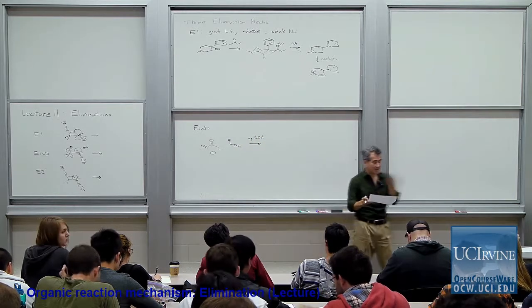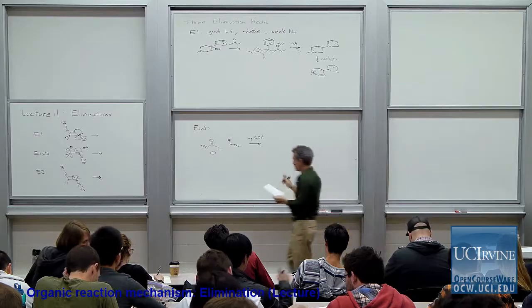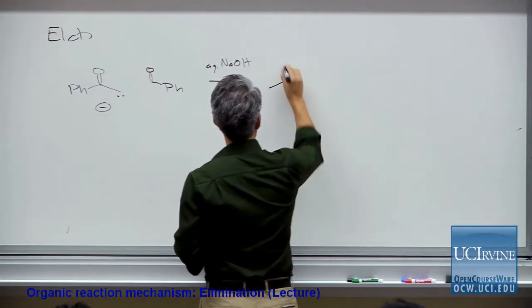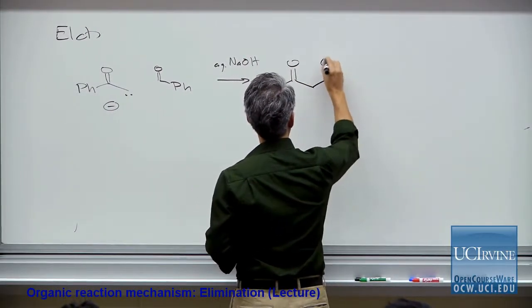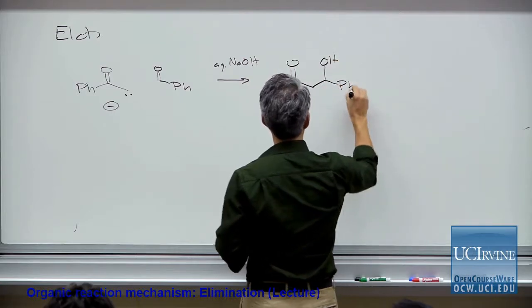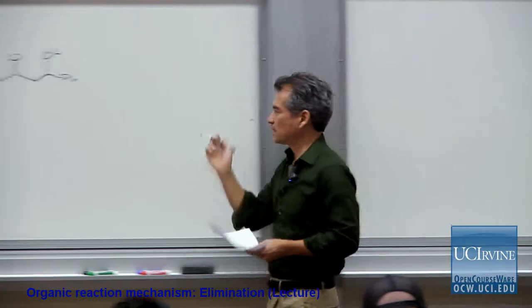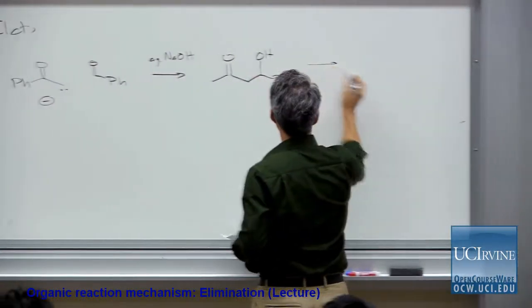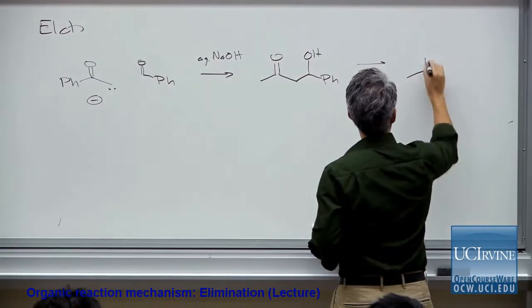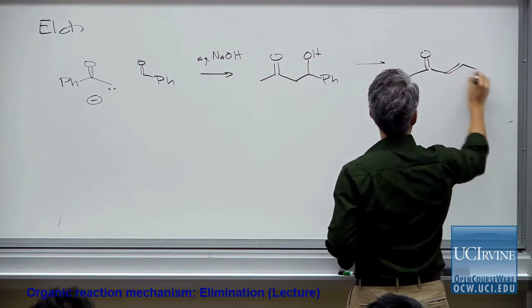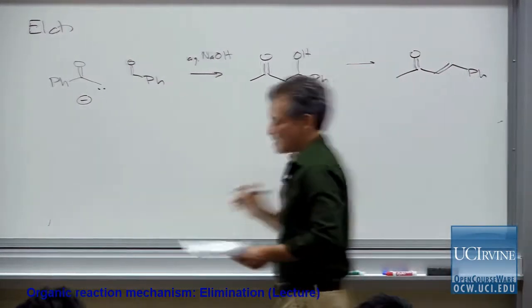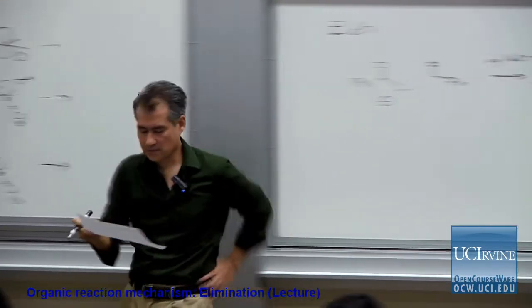Aqueous sodium hydroxide, you can do these at room temperature. You end up getting a beta hydroxycarbonyl compound like this, and this undergoes an elimination to give you an enone under the conditions of the reaction. It's reversible, and thermodynamically it favors the enone under the conditions of this reaction.